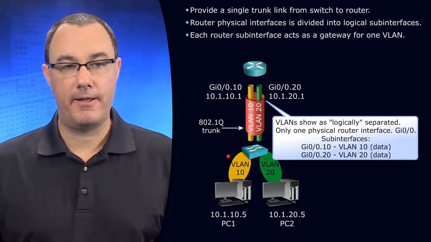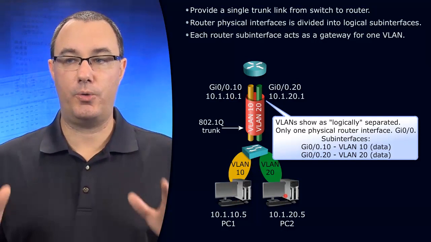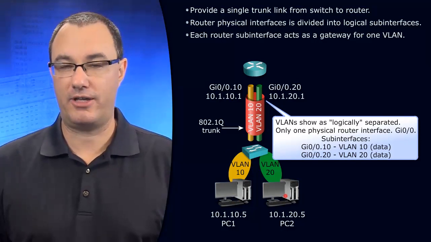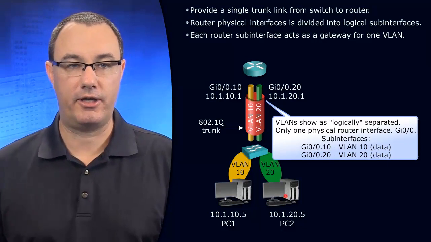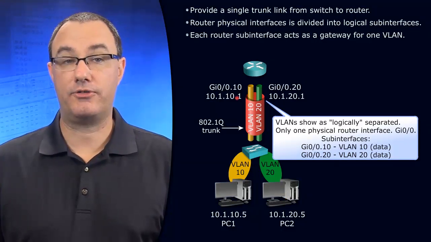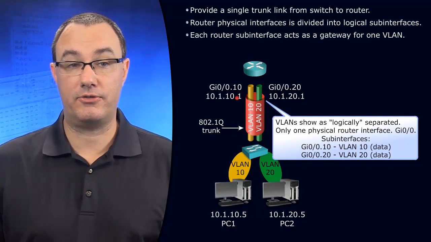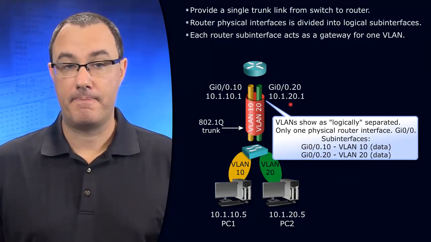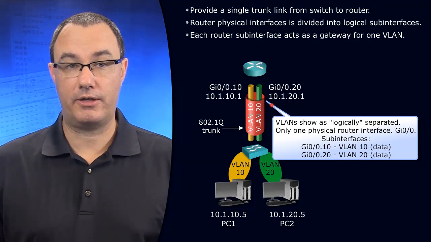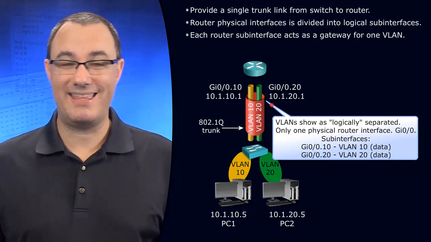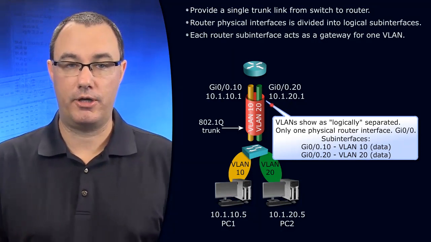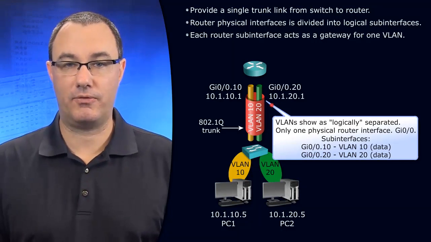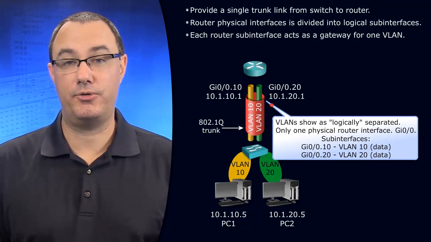Notice that each VLAN is its own subnet, which is important. It's important to recognize that. That's absolutely a must. And the IP address on the router subinterfaces serves as the default gateway for the clients. This is the default gateway for the clients. So this would empower the router to route between the two different subinterfaces and really the two different VLANs.